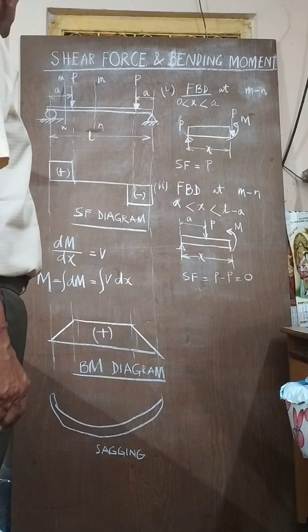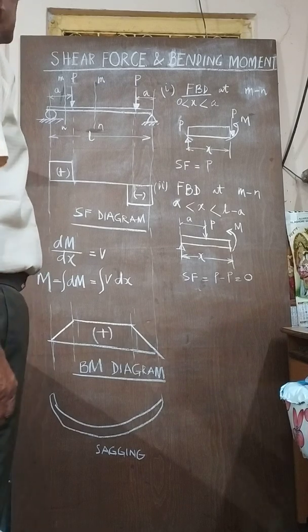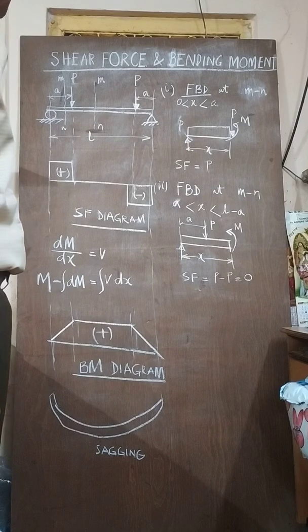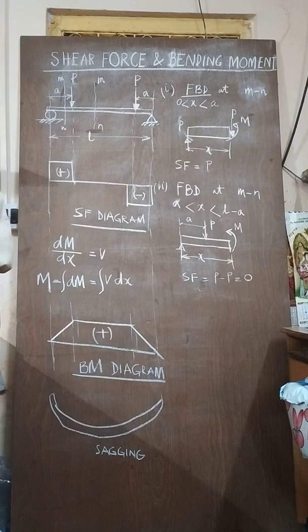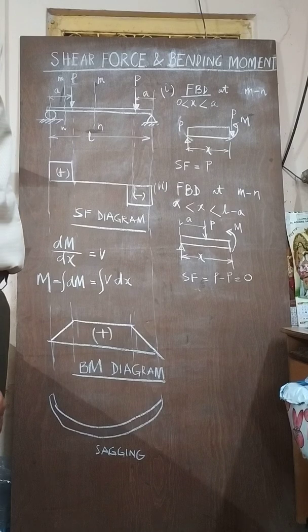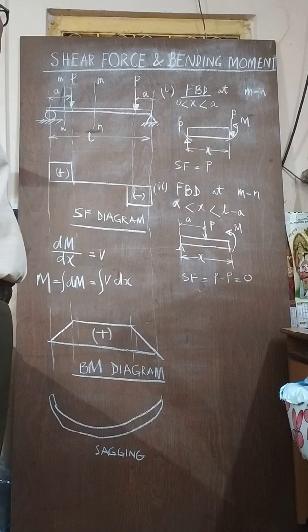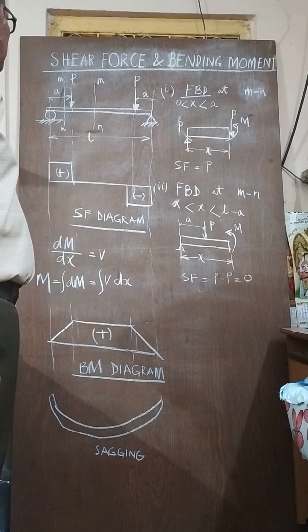Now, before doing it, for this type of problem you have to find out the reactions at the support. The reactions at the support are very simple. It is very evident from the sketch that the reactions are P and P from both ends.